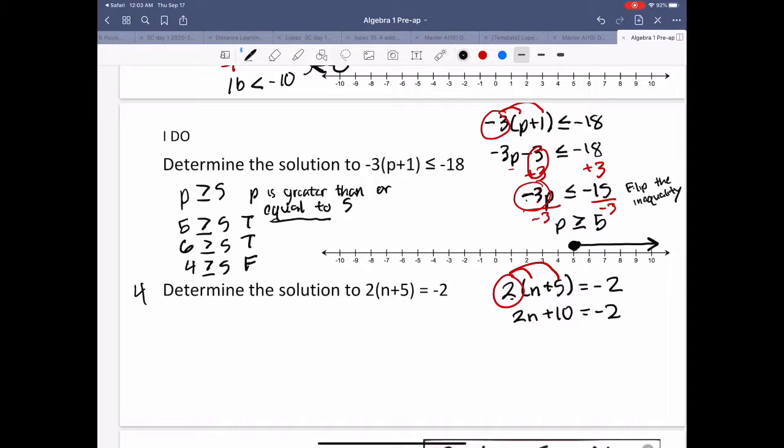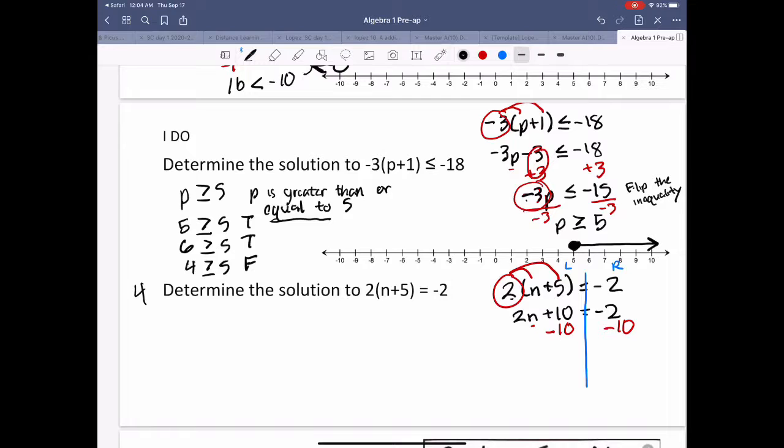So just to continue with this problem, we're going to do the inverse because we want to isolate the n first. The inverse of adding 10 is subtracting 10 from both sides. I haven't done it on the inequalities, but if you want to, it's always important to keep your work straight. If you need to, draw your line to separate the left expression from the right expression.